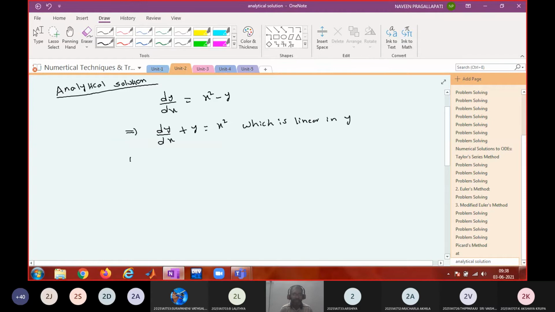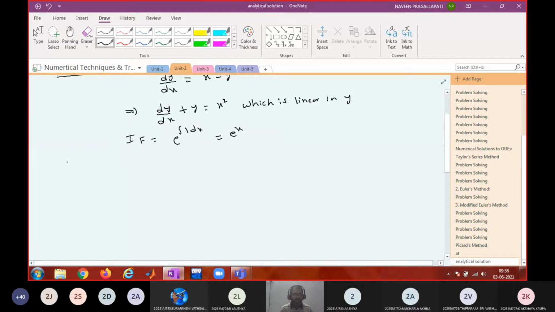Therefore, what is the integrating factor? e power integral 1 dx. This is e power x. And what is the general solution? y into integrating factor is equal to integral of e power x into x square dx plus c.